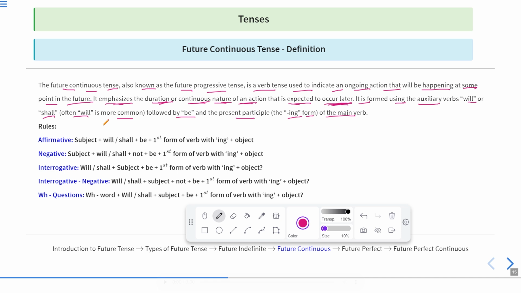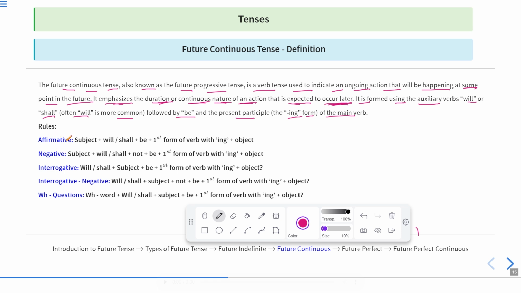Shall is also used, but obviously we write those sentences in certainty forms, in threat, in determination, to show warnings, to show some command, to show something will happen with certainty. So we basically write will, or we widely use the word will. This is the basic concept.